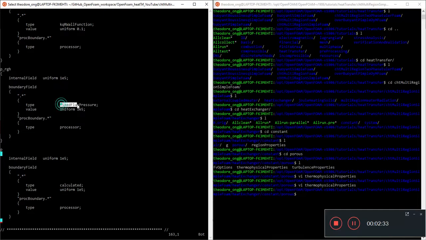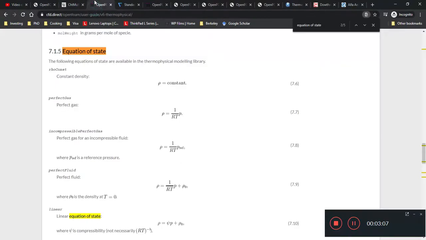One says it's a fixedFluxPressure, and as I explained in the last video, fixedFluxPressure is the pressure, using p_rgh, but in the presence of gravity. So p_rgh is the pressure without contribution from the hydrostatic pressure. For every part of this fluid, the pressure excluding the hydrostatic pressure is uniform at 1 times 10 to the 5. This is exactly what we want.